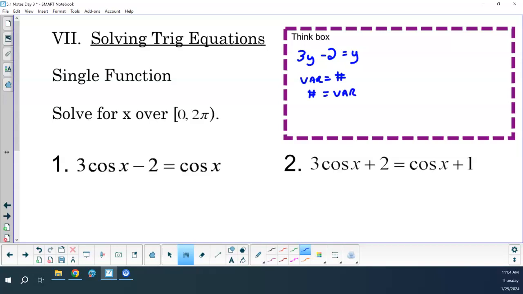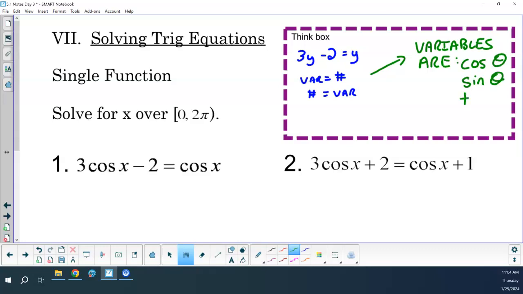Right? Okay? Today, your variables in that scenario are cosine of theta, sine of theta, and tangent of theta.